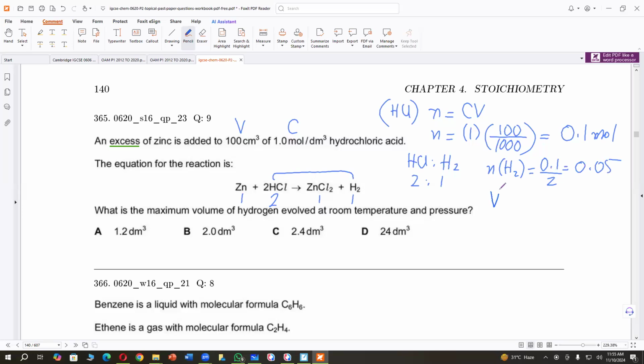And what's the formula for volume? 24 dm cube, so 0.05 into 24 is 1.2 dm cube. Do the working like this in your book.